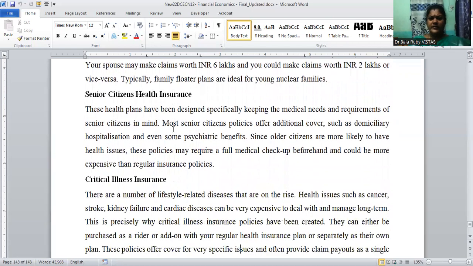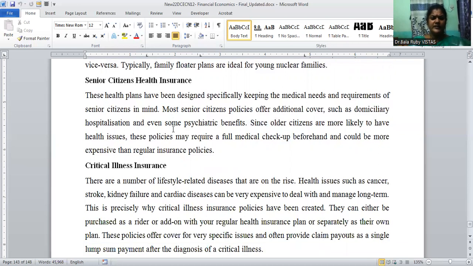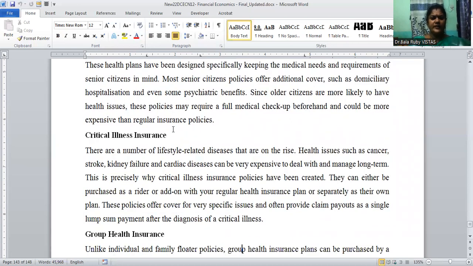Since older citizens are more likely to have health issues, these policies may require a full medical checkup beforehand and could be more expensive than a regular insurance policy.